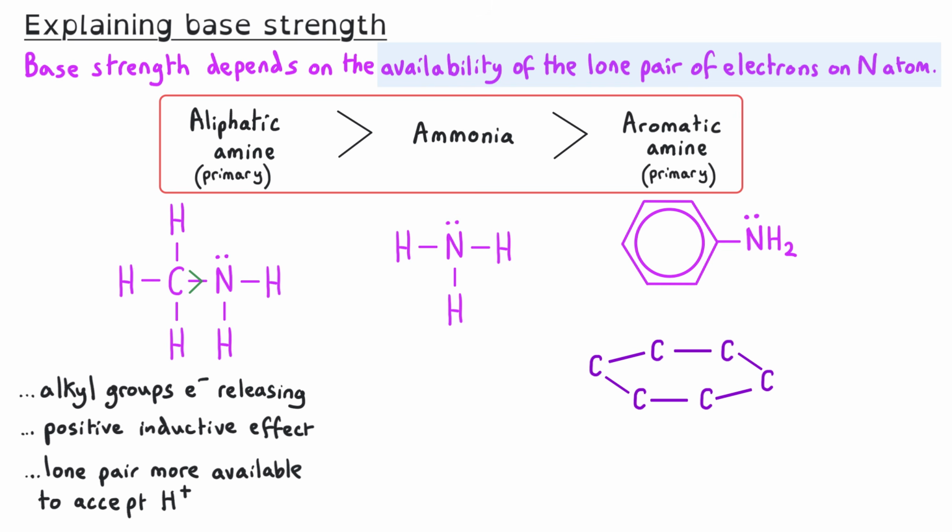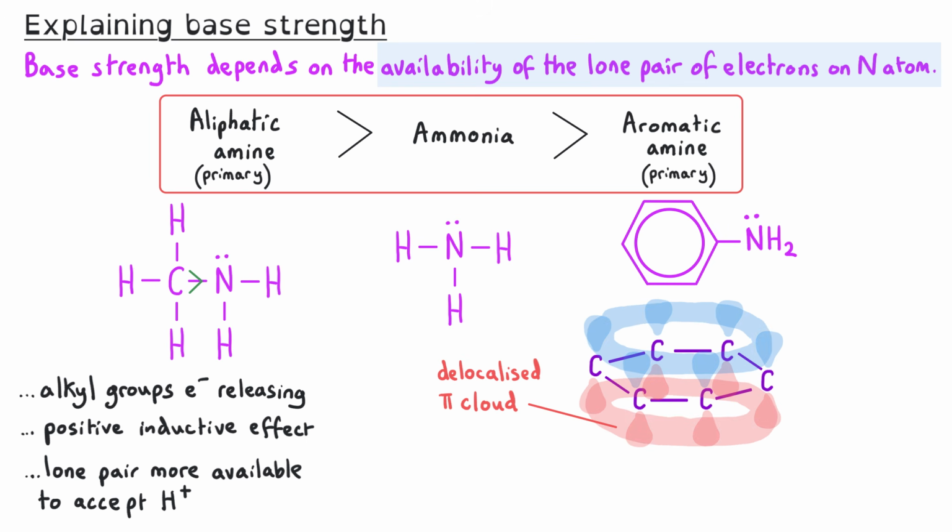In arenes, such as benzene, 1 electron from each carbon atom is delocalized to form a pi cloud of 6 electrons. In the aromatic amine phenylamine, the lone pair is in a favourable geometry to join the delocalized pi cloud.